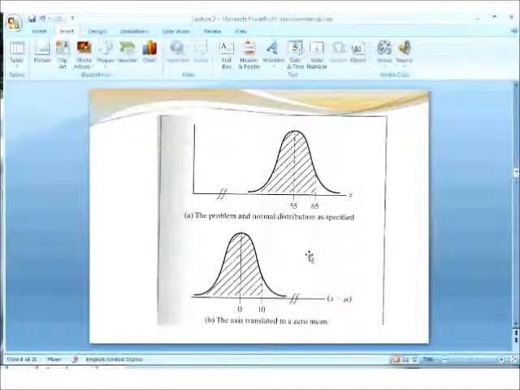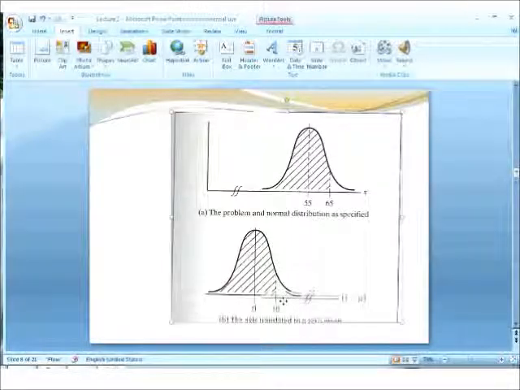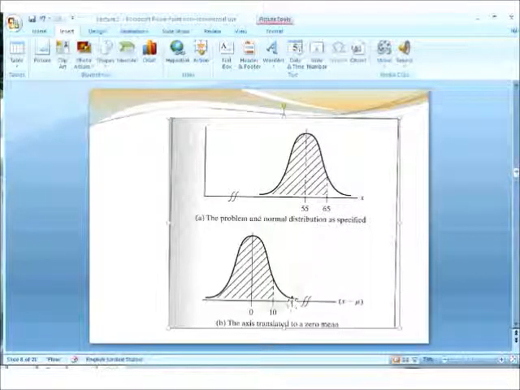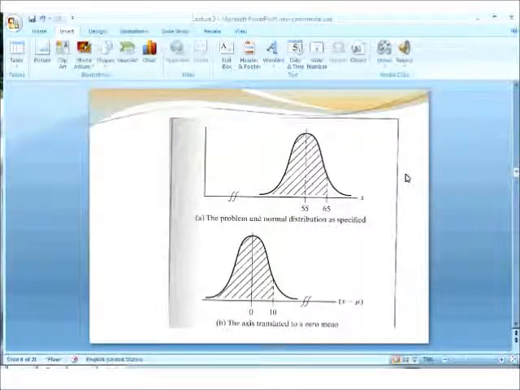When it's converted to a standard normal distribution, it has a mean 0 and a variance of 1. So to standardize our discussion, to make things clearer and easier to understand, we always convert normal distributions to the standard normal distribution because they are easier to interpret.